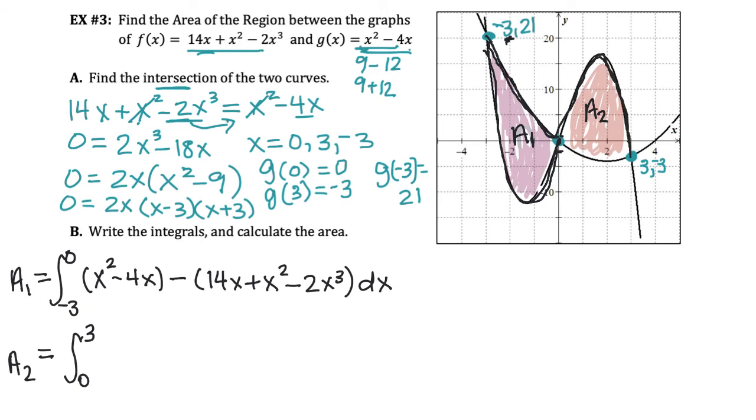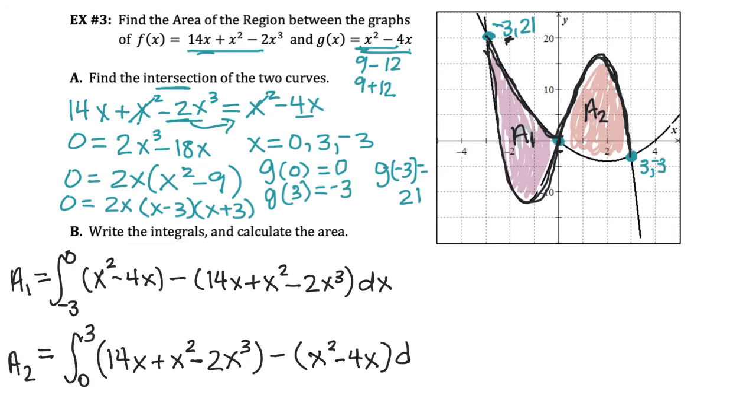That's why they're intersecting, is because they're switching positions. So you're going to have your cubic function, 14x plus x squared minus 2x cubed. You're going to take that cubic function minus your quadratic function. So x squared minus 4x dx. That's going to be your second area.